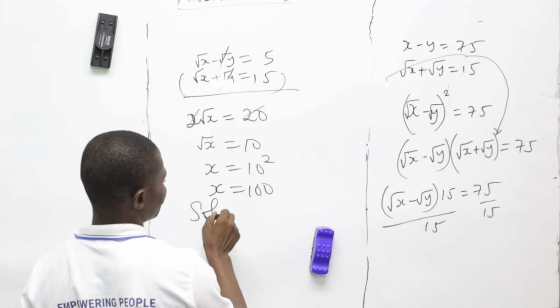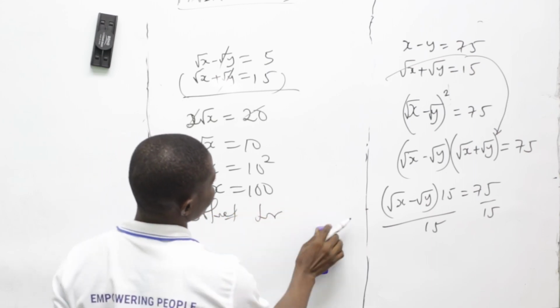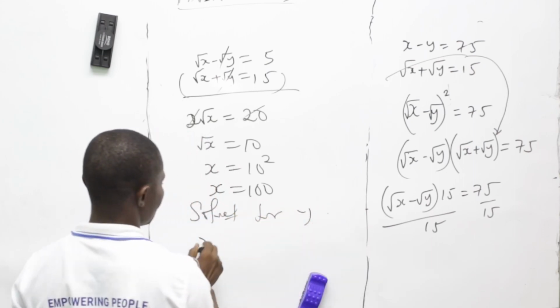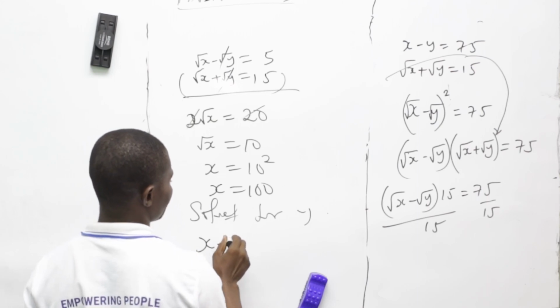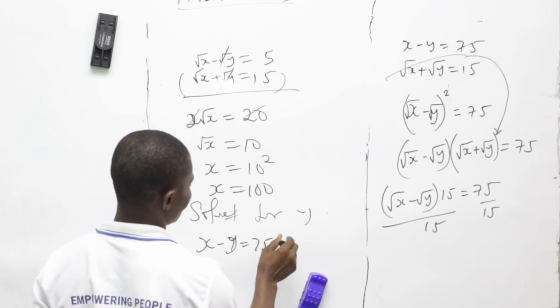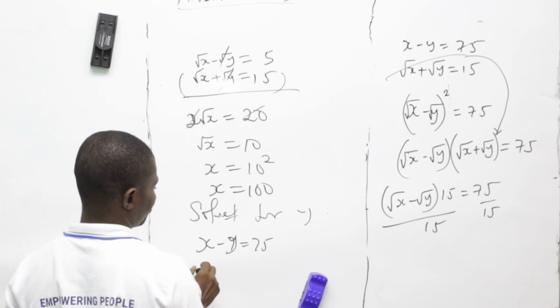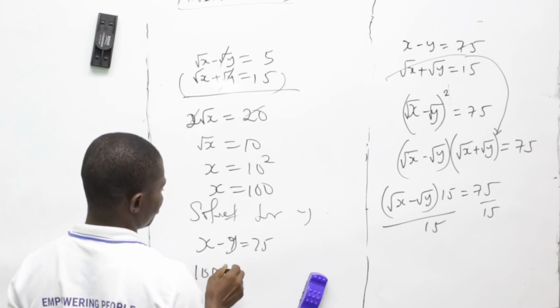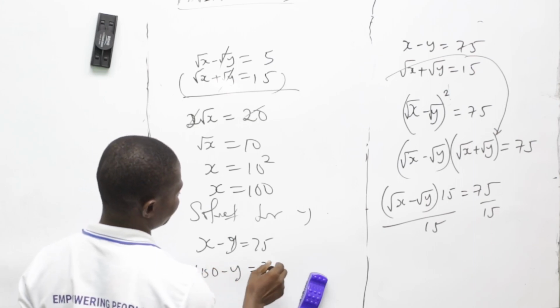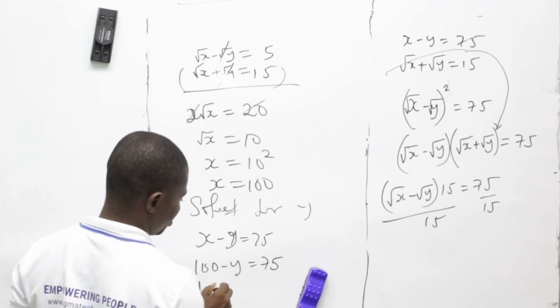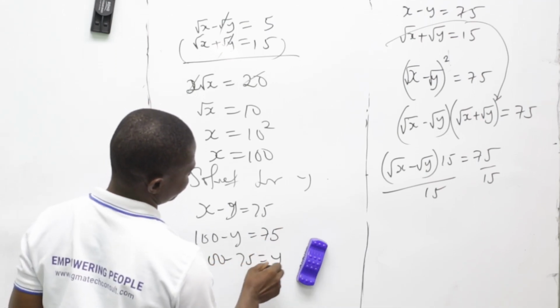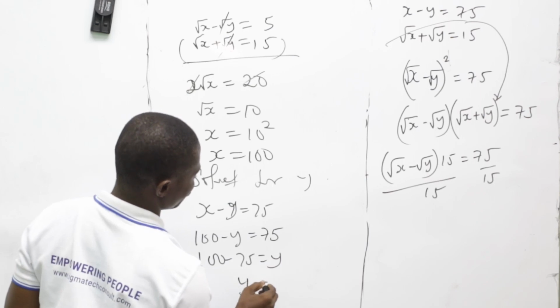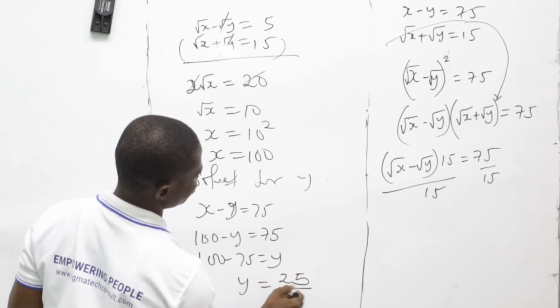Solve for y. x minus y equals 75. x being 100 minus y equals 75. 100 minus 75 equals y. So that y will give us what? 25.